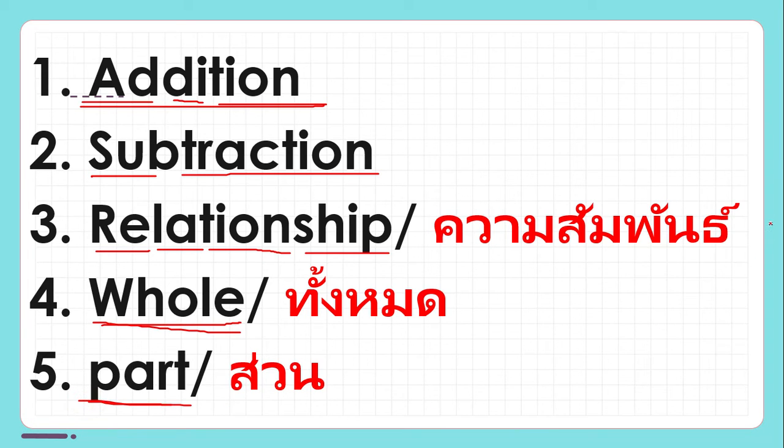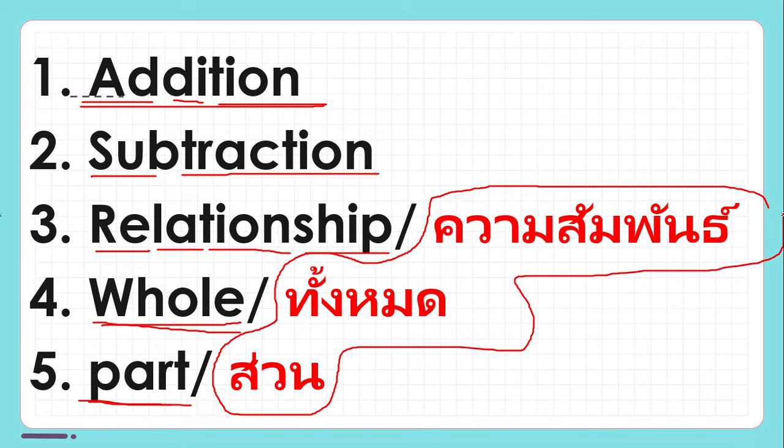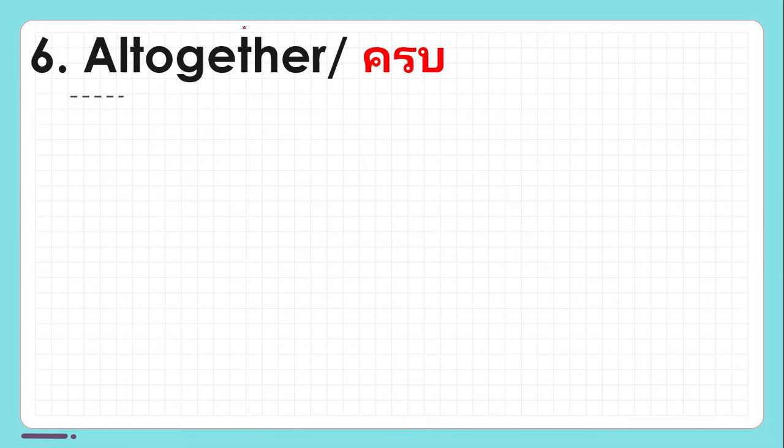Okay, so I've looked for some Thai translation about our vocabulary for today. I hope this could help you understand our vocabulary for today. Let's continue with number six. We have all together.